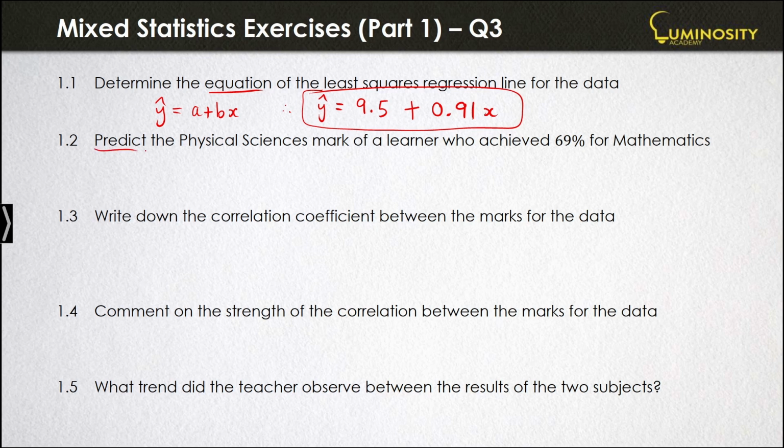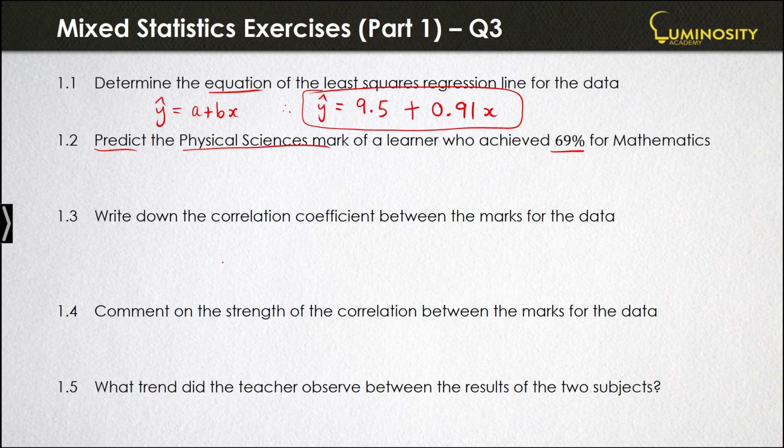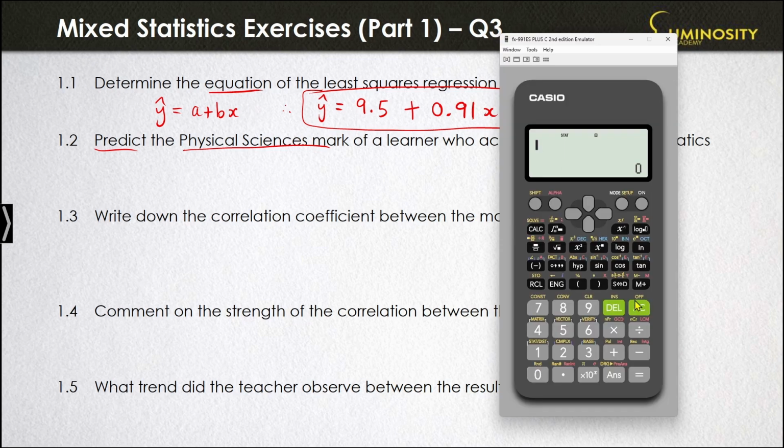Now they want us to predict the physical science mark of a learner who achieves 69% for maths. And again, 69% is reasonable within this data. Right, so there's 69%. So what do we predict the y value is going to be over here somewhere? So again, I can use my least squares regression line. So I'm going to click 69, shift stat regression y hat, and that gives you 72.22.